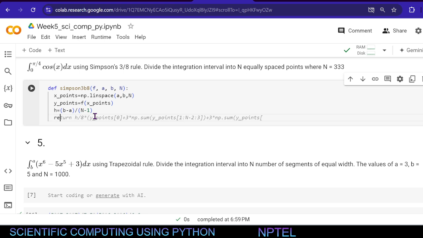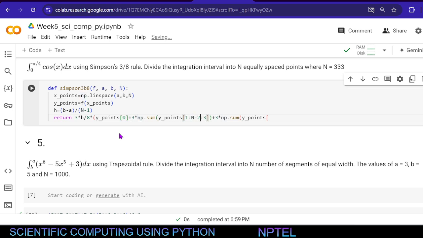So now we can say return. So it already gives h by 8 times y.0. So 0 gets, it should be 3. So maybe I can get 3 out. It becomes 3 times h by 8 y.0.